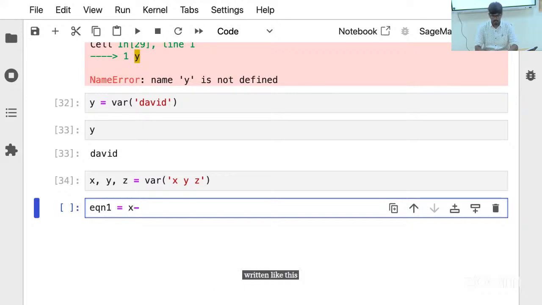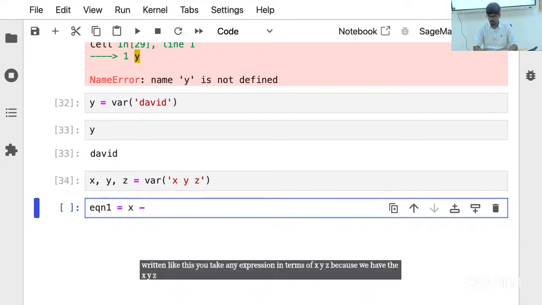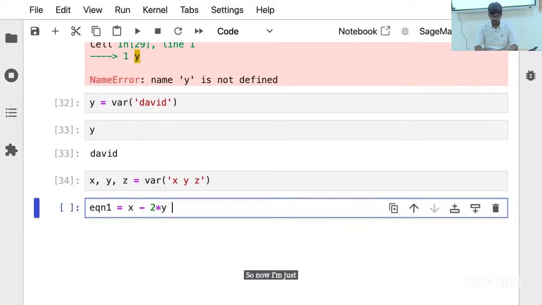You take any expression in terms of X, Y, Z, because we have X, Y, Z as symbolic variables now. So I'm just picking up one equation here, plus Z. Now it's an equation. In Sage Math, we should write a double equal here. Hopefully you're noticing this.